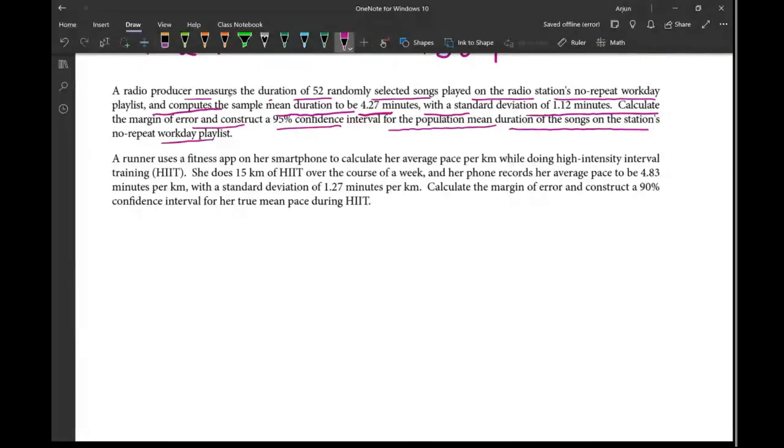All right. So what is given to me? We are given a sample size of 52 randomly selected songs. So n is 52. And the mean duration is 4.27 minutes, so X bar is 4.27 minutes.